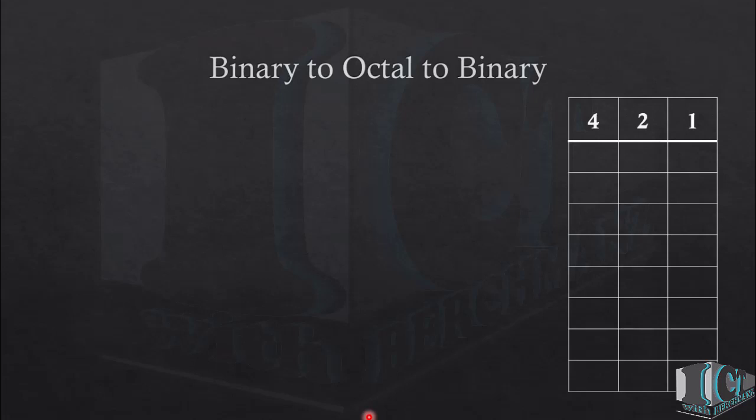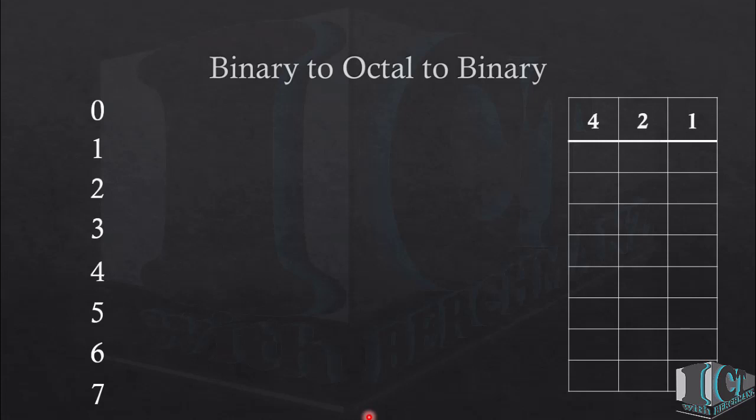Now we know that the octal number system has 8 digits, 0 to 7. So starting from 0, let's see how the binary numbers for the corresponding octal digits are formed.